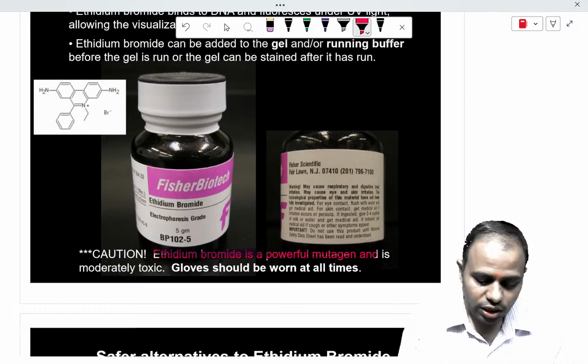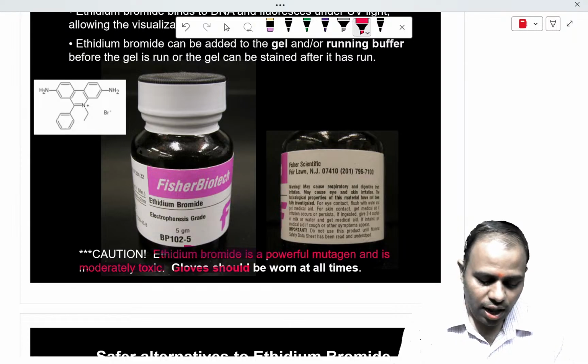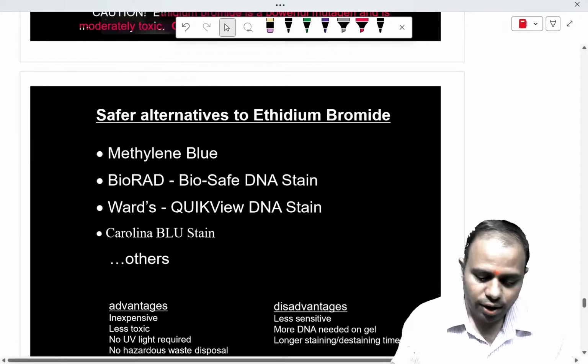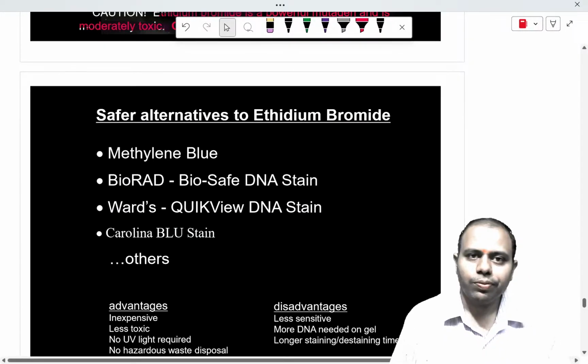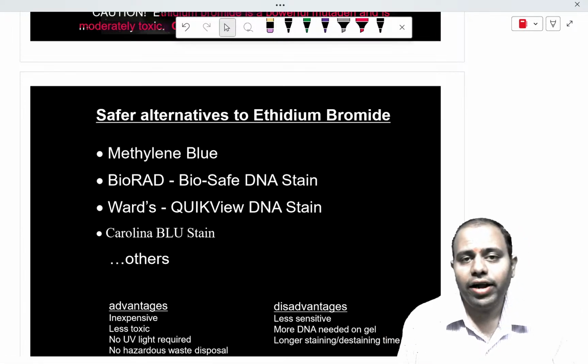It is a very powerful mutagen, and it is moderately toxic. So you have to use gloves at all times while using ETBR. It is a toxic and also carcinogenic chemical. Some safer alternatives: while it is toxic, why can't you use other stains?